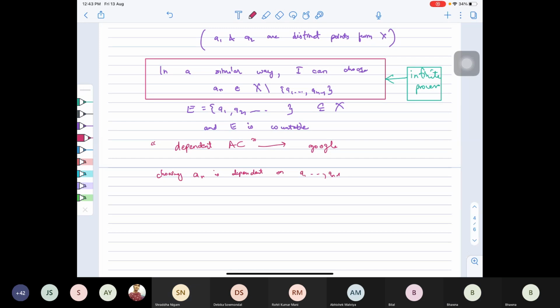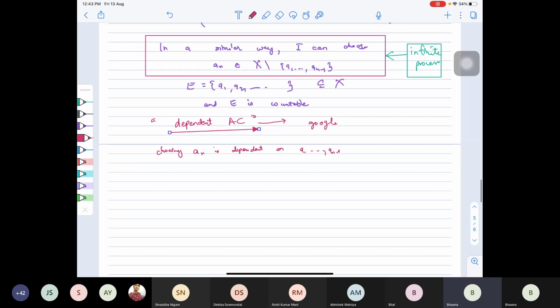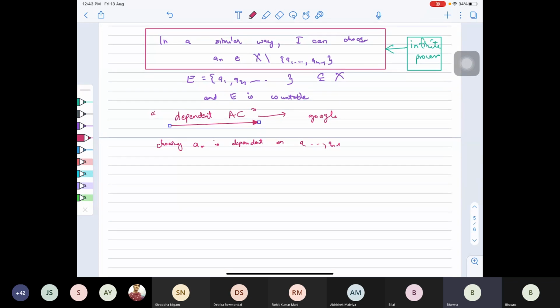Okay. So dependent choice is the version. We will not prove this here. This proof will obviously not be asked in your exam. But if you are interested, you can just Google it.